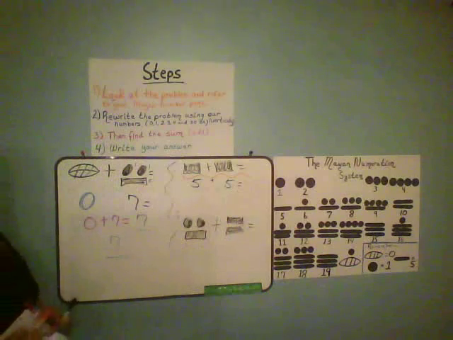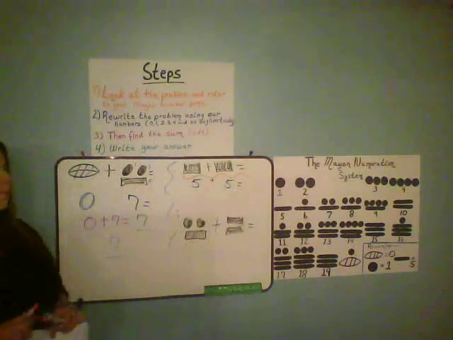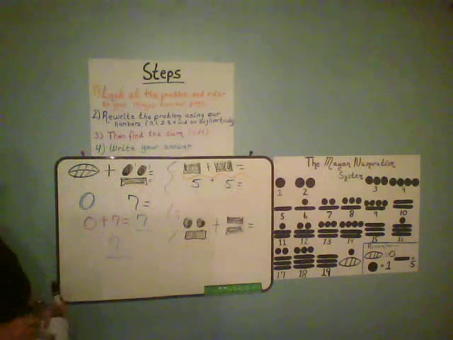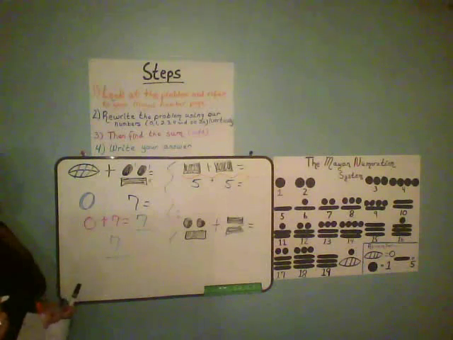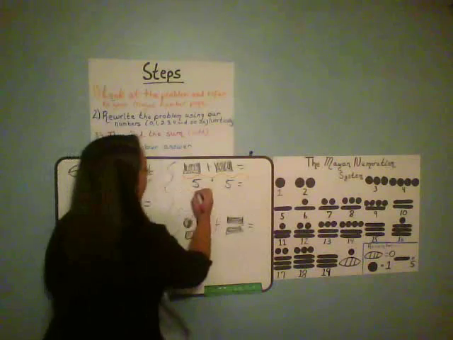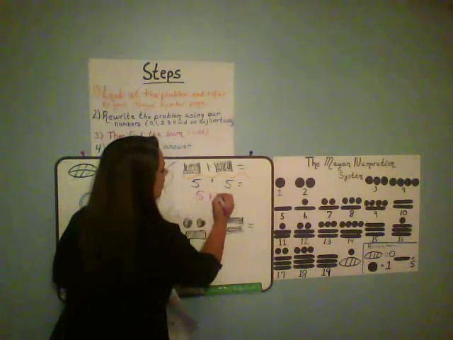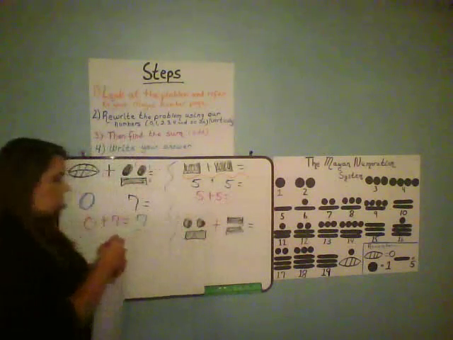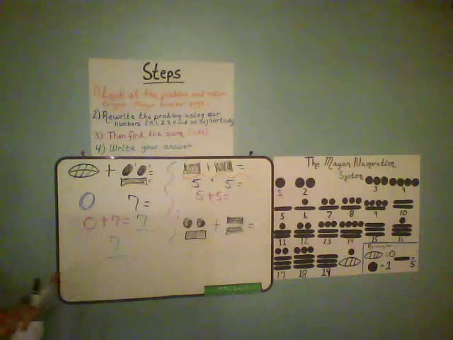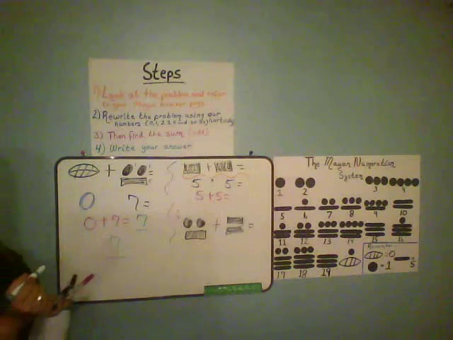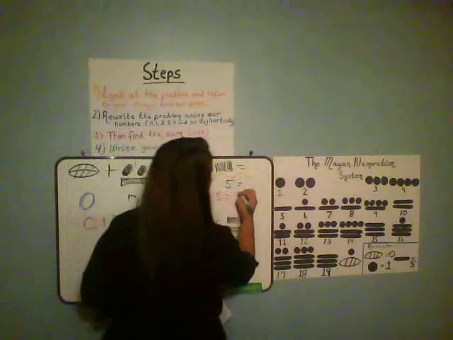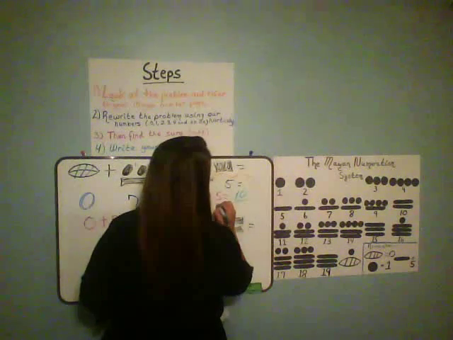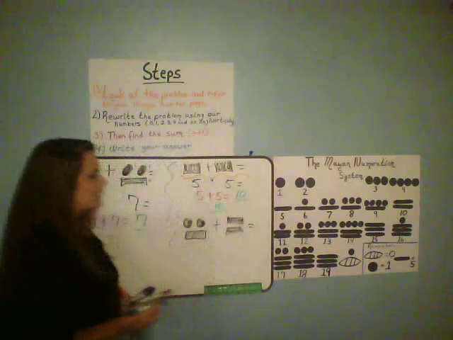Now, Emily, did you have to look at the chart or did you remember? You remembered. Good. Okay. Third step. Isabel, find the sum. 5 plus 5 equals what, Liam? Our fourth step. We're going to write the answer. 10. Good. So our answer is 10.